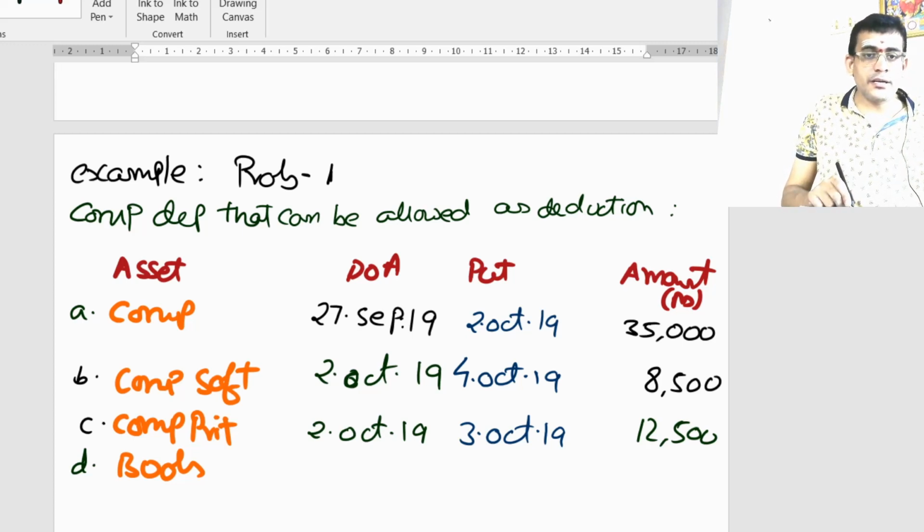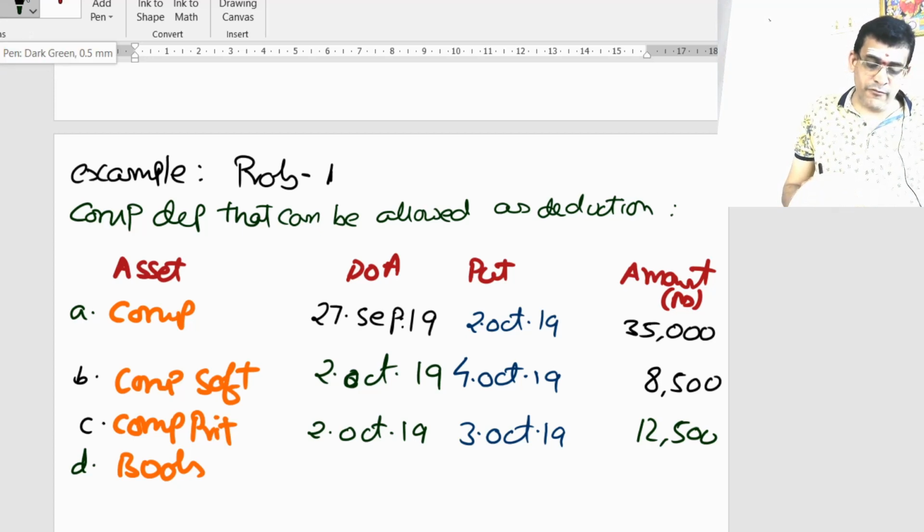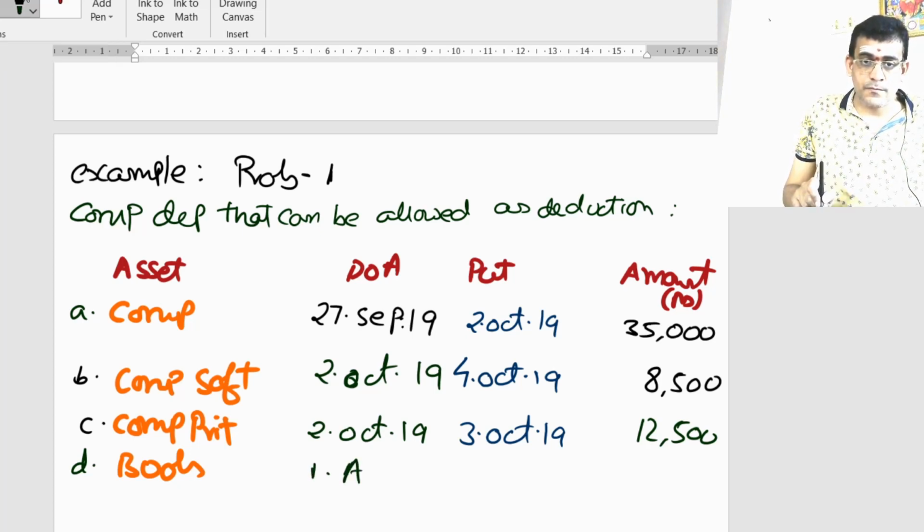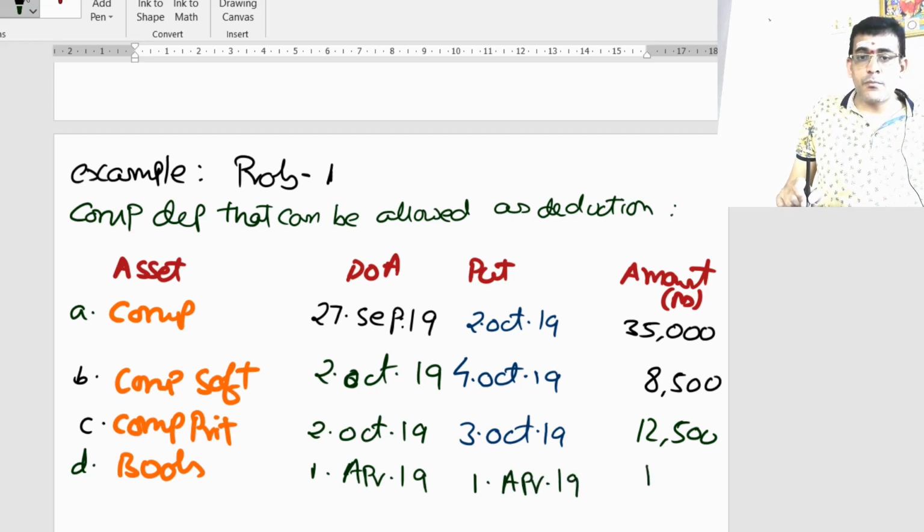So now let us see the date of acquisition there. The date of acquisition is 1st April 2019, at the beginning of the financial year. The date put to use is also 1st April 2019, on the same date you had put it to use.